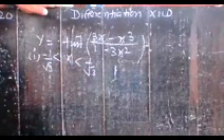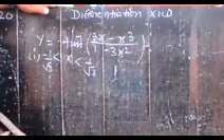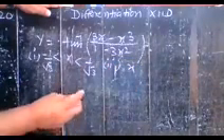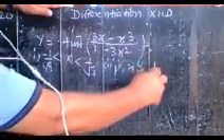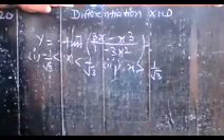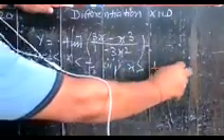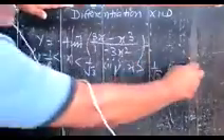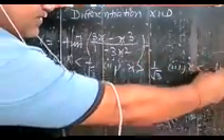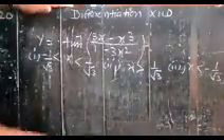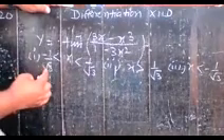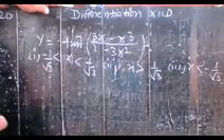In the second case, x is greater than 1 by root 3, and in the third case, x is less than minus 1 by root 3. Means you have to find the derivative of the function within that domain.